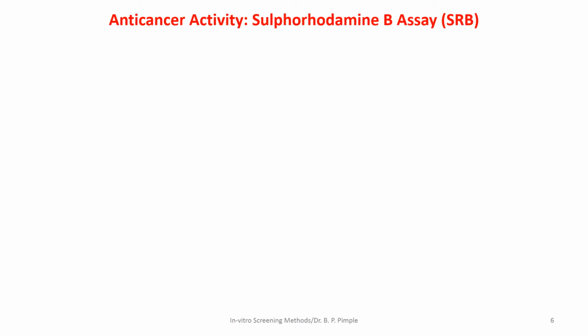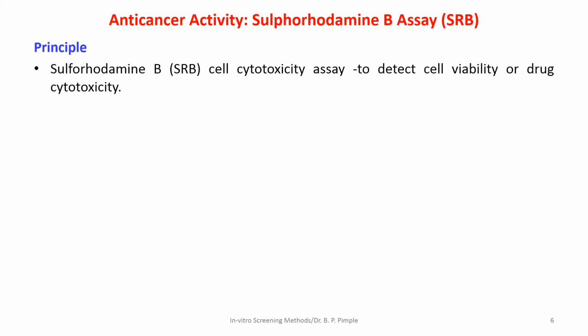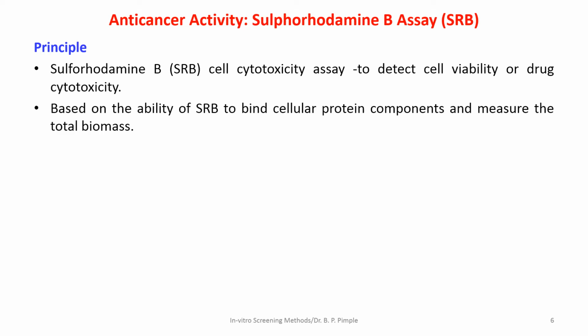Initially, we will look at the principle of the sulphorhodamine B assay. Here, the dye is able to detect only the viable cells, because it forms a stoichiometric complex with protein, and only living cells are able to produce proteins, whereas dead cells cannot.